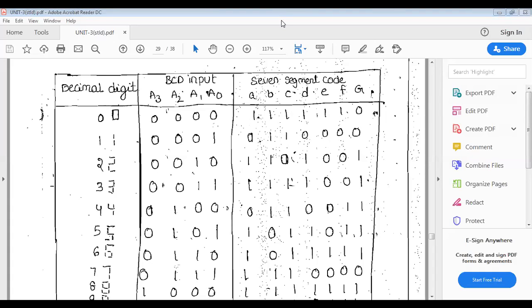Let's see here. 1 is like this. So here are A, B, C, and this one is D, E, F. If all of A, B, C, D, E, F are on, the LEDs show a decimal 0.